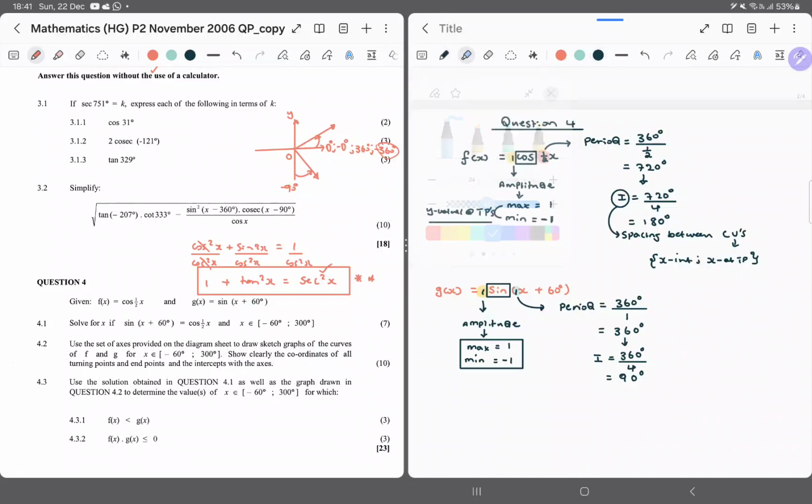The problem now is that there is a horizontal shift of our graph to the left by 60 degrees. Now, what are we supposed to do? Ideally, we first look at this period, this interval. We need to compare it to that before we can move on, because if we're going to graph this simultaneously, we need to see if these two intervals can accommodate each other.